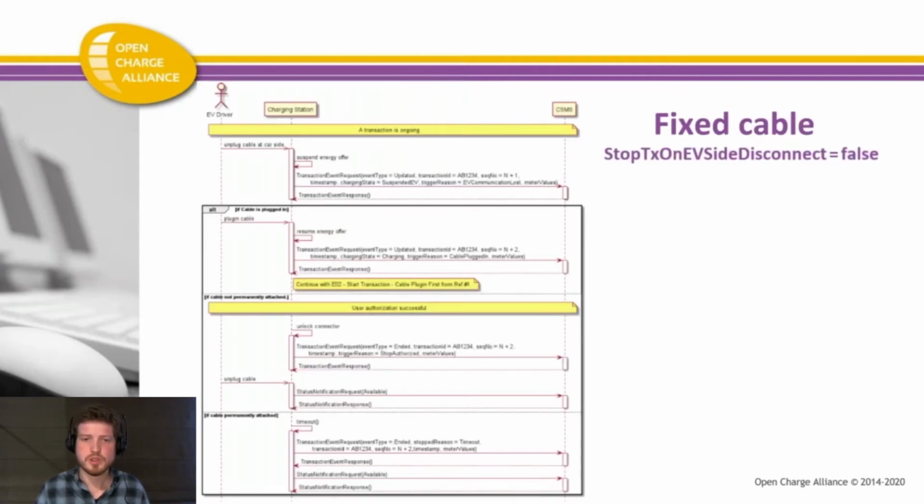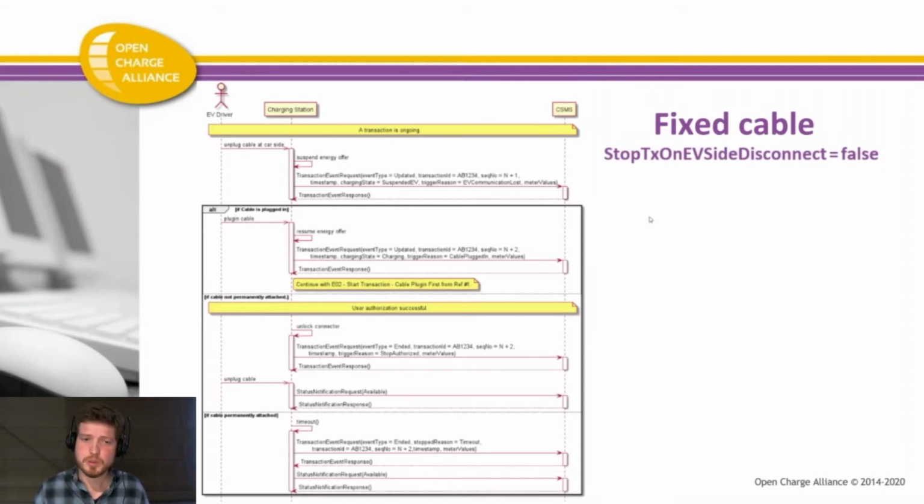The first scenario is this one. I don't think it's very readable, but I will go over it. This is the case when the stop Tx on EV side disconnect is false. So this was the configuration setting that is used to indicate whether the transaction may resume after the cable is unplugged at the EV side. So the cable is plugged at the EV side. If it replugs the cable, the situation with both fixed cable and detachable cable is the same.